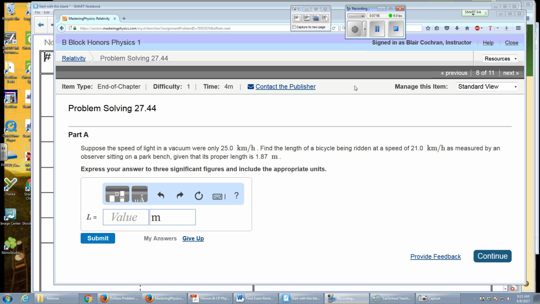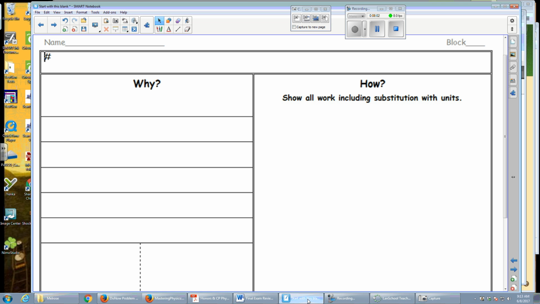In the bicycle frame of reference, the bike is a certain length. So it's very similar to number 6 that we did, but a little different.